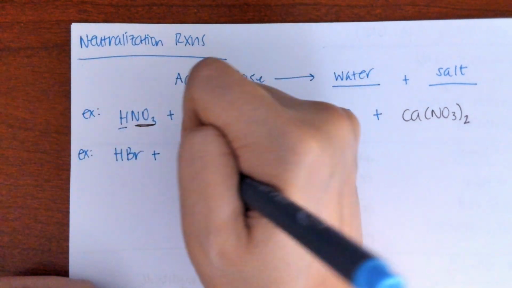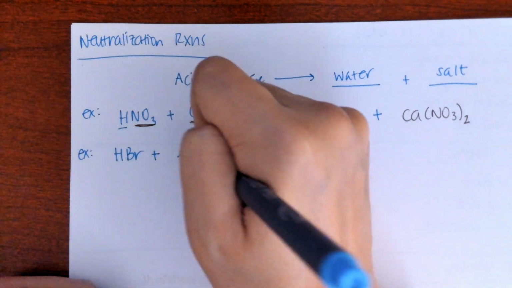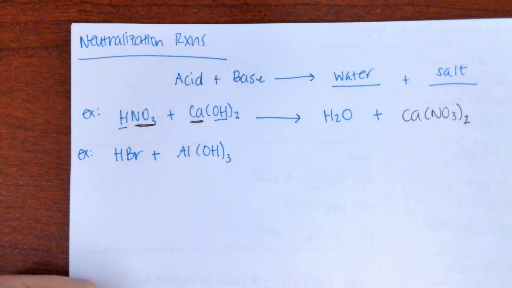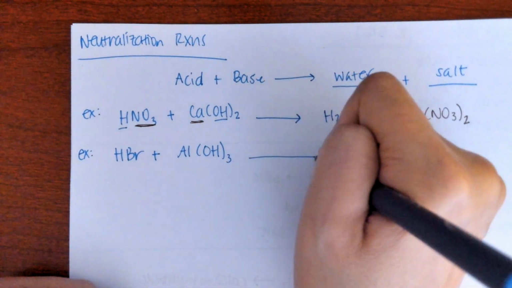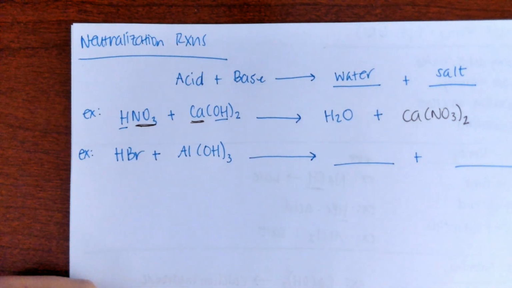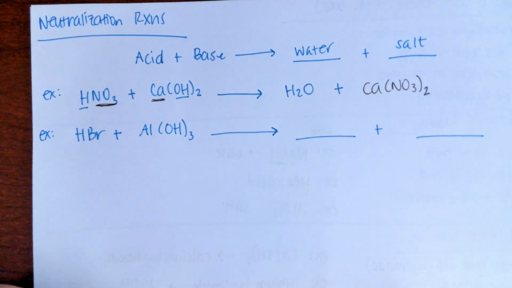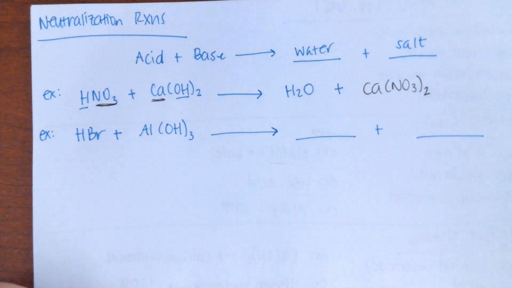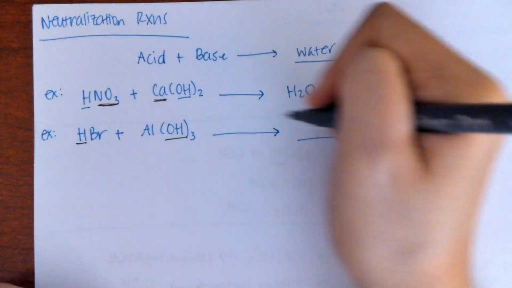Alright, HBr plus aluminum hydroxide. First product is always what? H2O. Good.